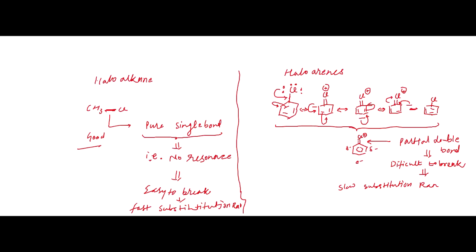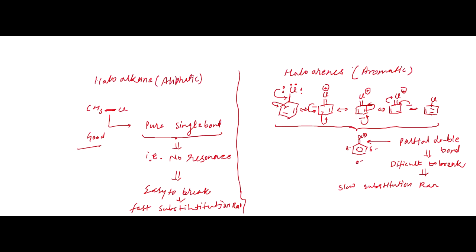Are you getting this? Writing, sir, last one. So which will give the faster reaction? Haloalkanes are aliphatic, and haloarenes are aromatic.